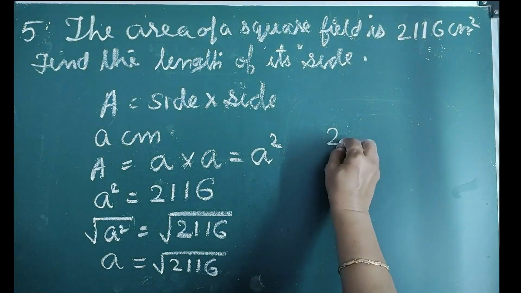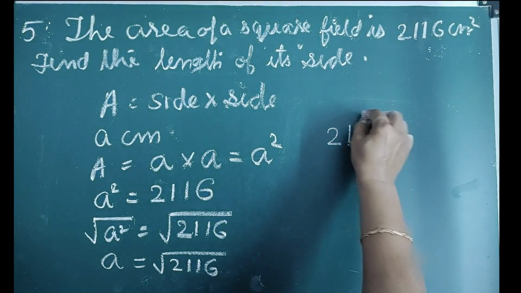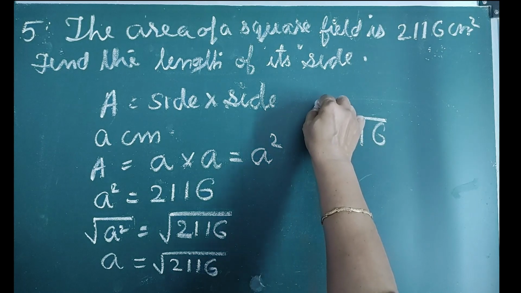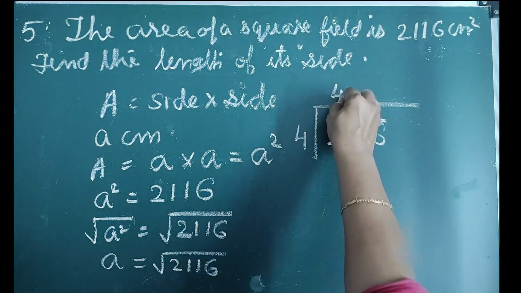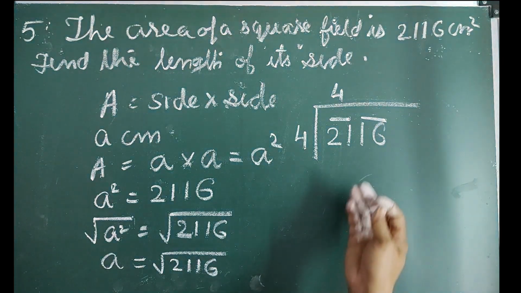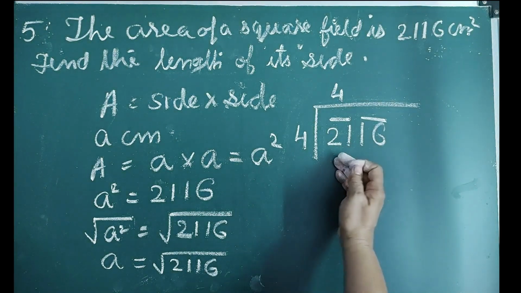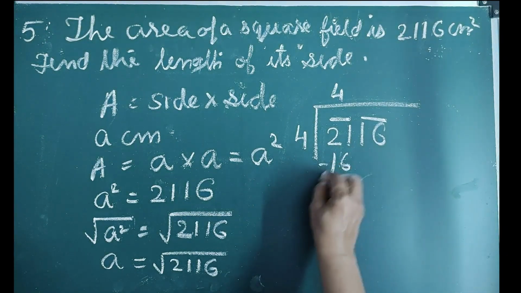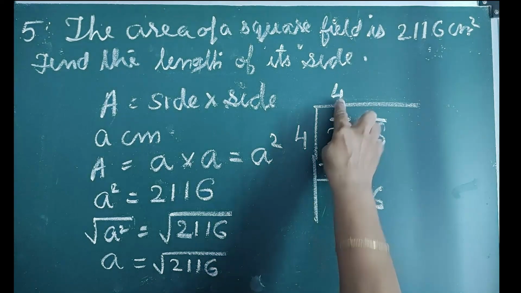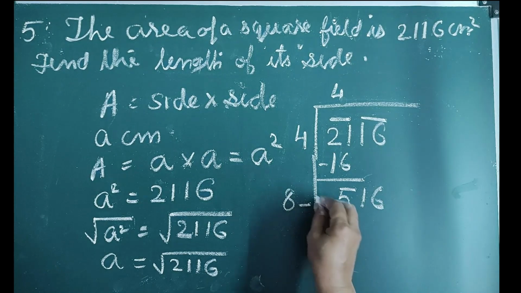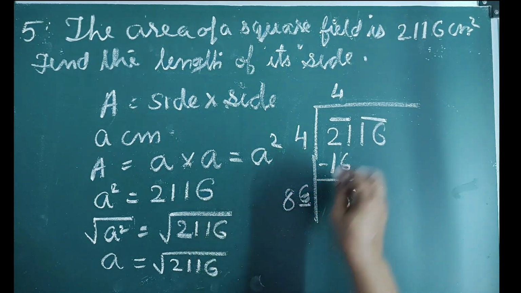So 2116 by long division method, first pairing, and we know 4 is the number whose square is less than 21. So 16, then difference 5, 5 16. Next divisor is 4 2s are 8, thus a number that is 6.